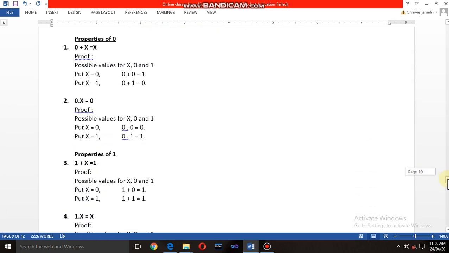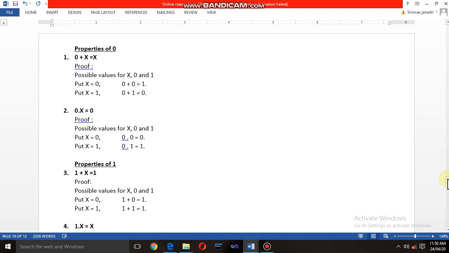First one is properties of 0, which defines two postulates. One is 0 ORing x is equal to x. When the OR operation is applied between 0 and x, it gives the result x, where x is a logical variable.